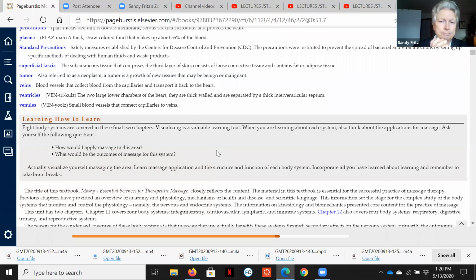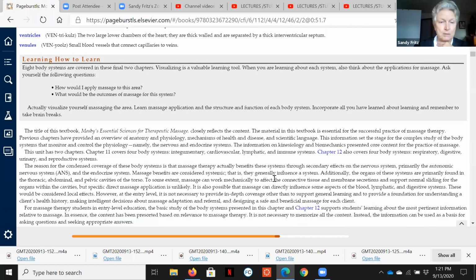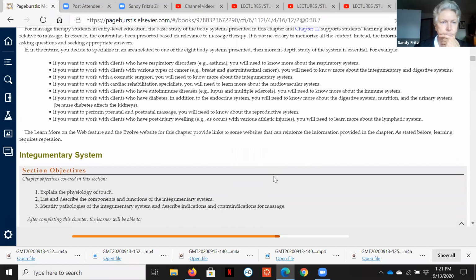So the language and the pathology and the understanding of how massage might interface with the pathology seems to be the learning curve necessary to really absorb the information in these chapters.